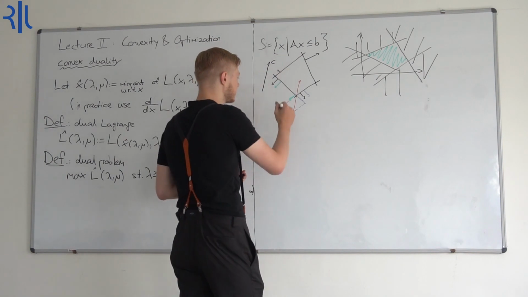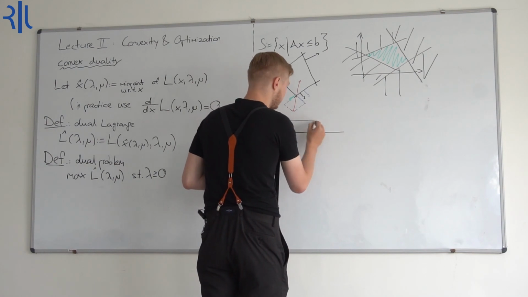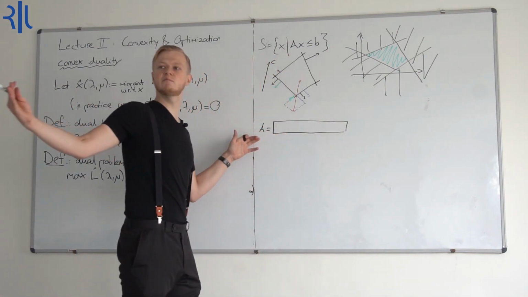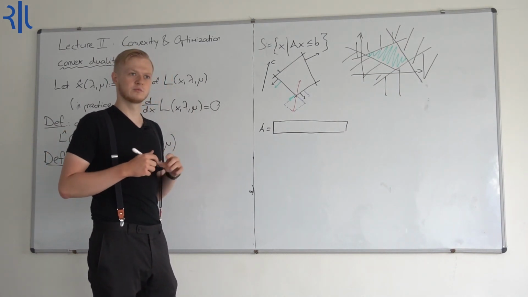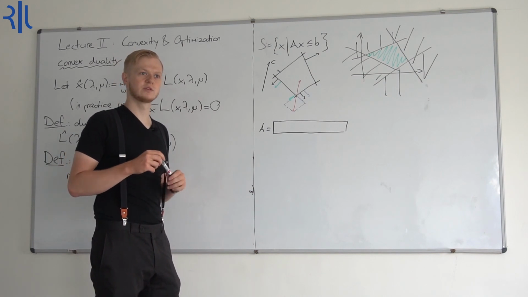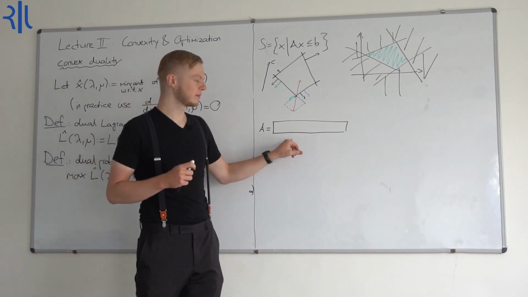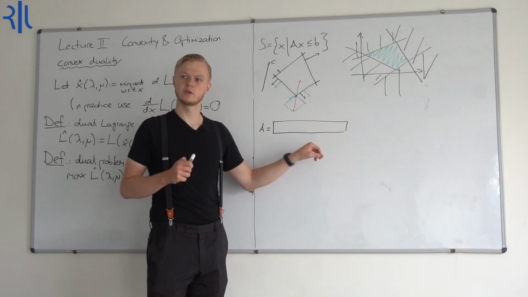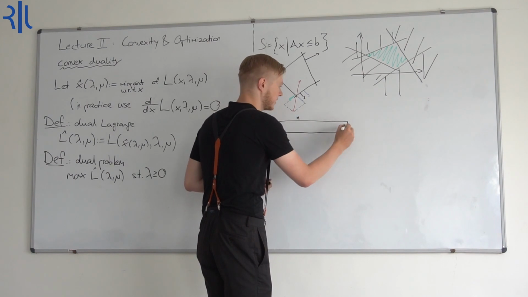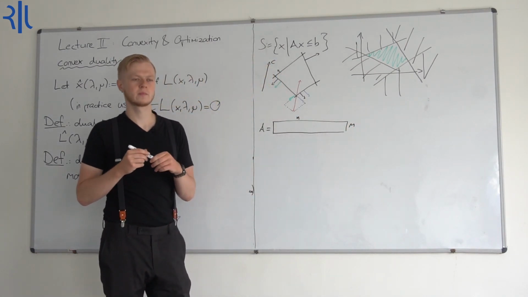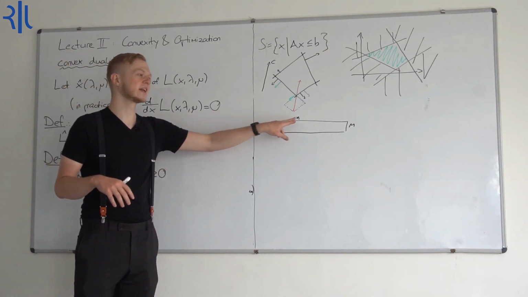So what would you do if A looked like that? An extremely broad, but not very high matrix. Would you rather solve the primal problem, or would you rather solve the dual problem? How many dimensions do you have to optimize over when you solve the primal problem? Let's say this is n and this is m. x would live in Rn, right?